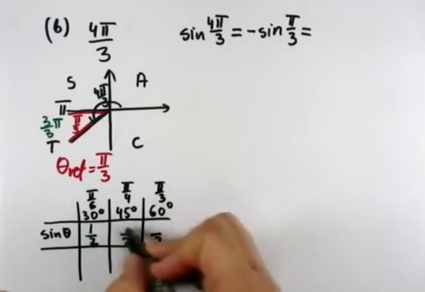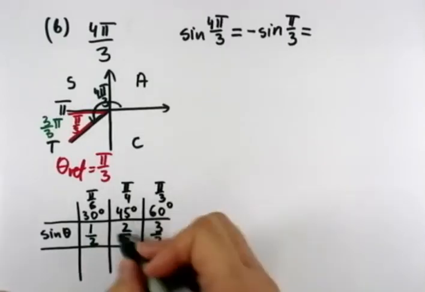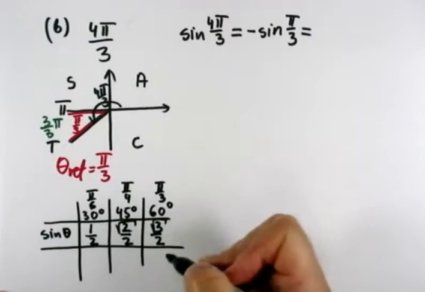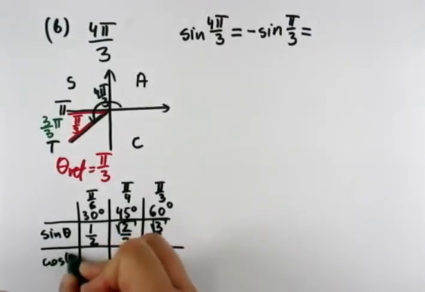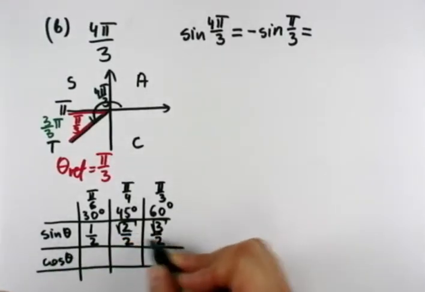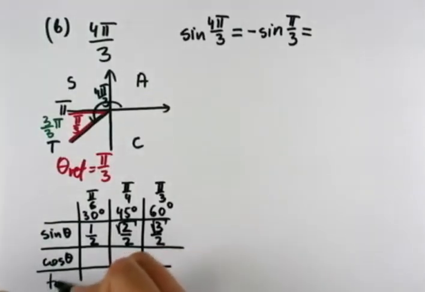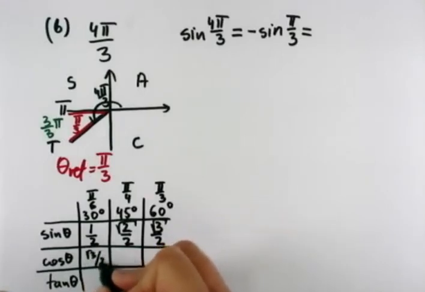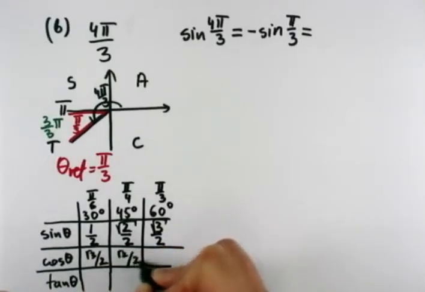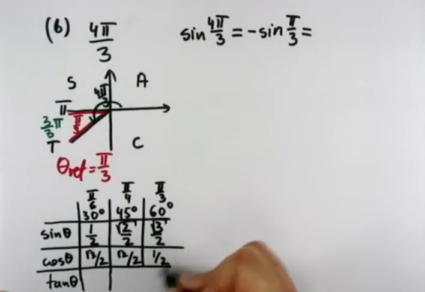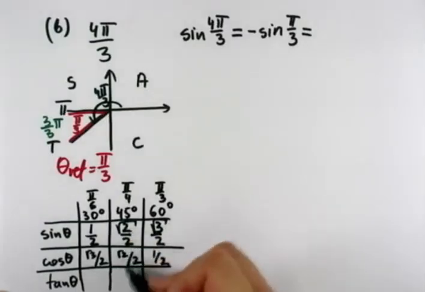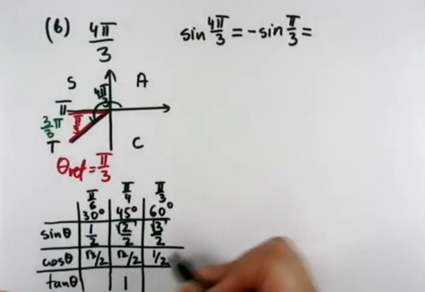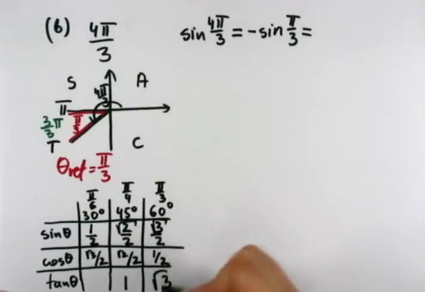On top was 1, 2, 3, and roots. Cosine was the opposite way. Cosine was from the back, and tangent. So this one is root 3 over 2, root 2 over 2, and this one was 1/2. And tangent, we divide those two. So when we divide this is 1, when we divide this is root 3, and when we divide, flip this over, so it's 1 over root 3.